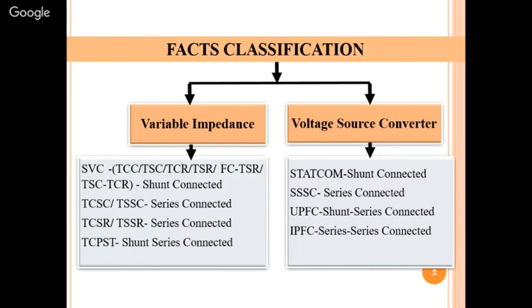As the name implies, these are based on the principle of variation in the impedance, because our main aim is the active and reactive power flow control. This can be achieved by variable impedance, or else the other type of FACTS controllers are based on voltage source converters, that is VSC.